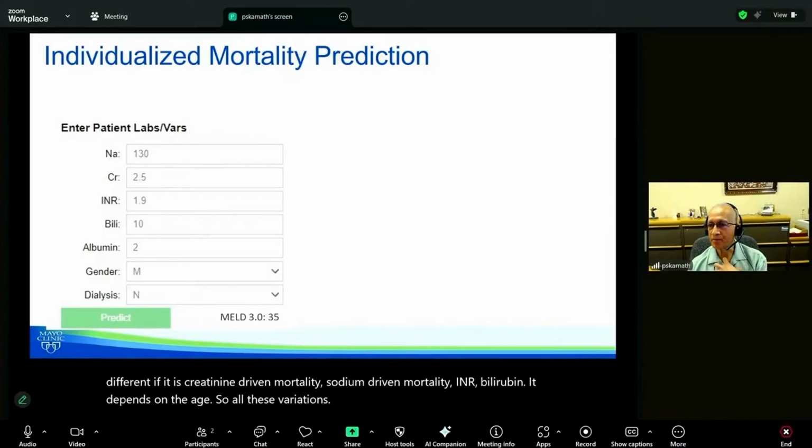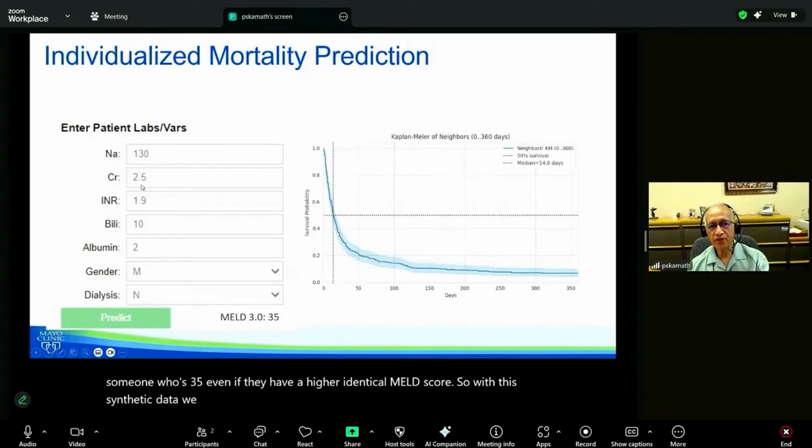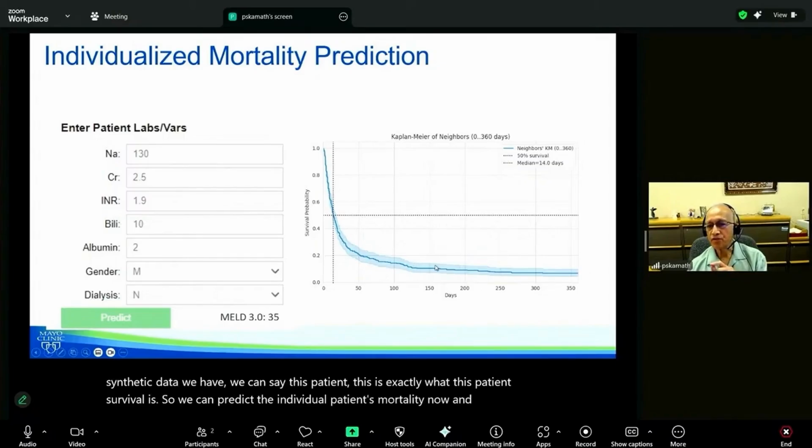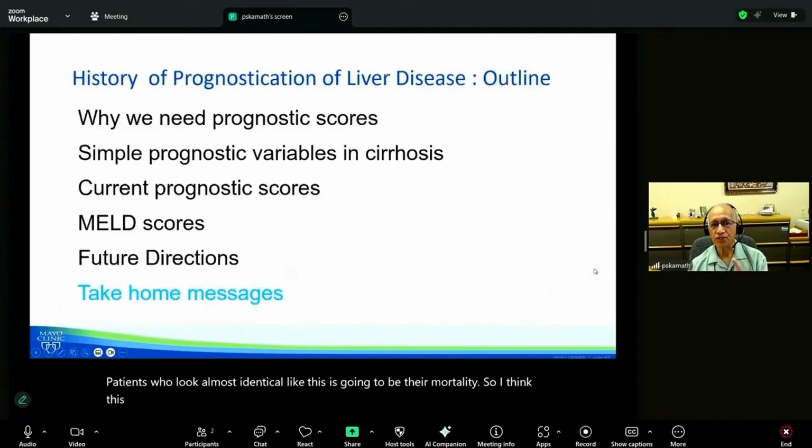For instance, someone my age will have a much higher mortality than someone who's 35, even if they have an identical MELD score. So with this synthetic data, we can say this is exactly what this patient's survival is. So we can predict the individual patient's mortality now. And this interval is what's called nearest known neighbor, which means patients who look almost identical, this is going to be their mortality. So I think this is the future.